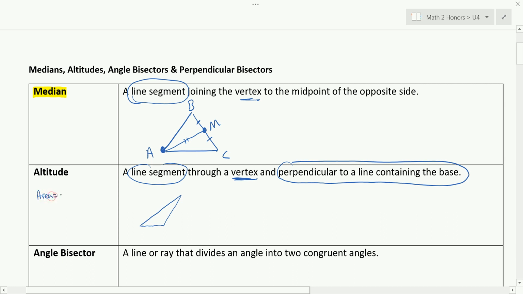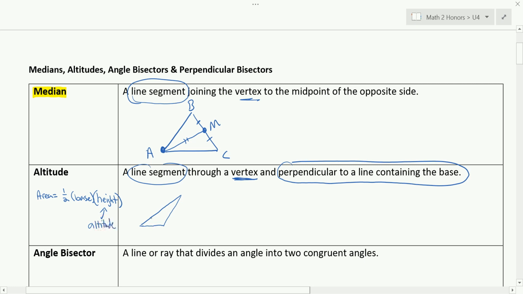Area is equal to 1/2 times base times height, right? So that height part is the altitude that we're talking about, okay? So we could say it's 1/2 base times the altitude.